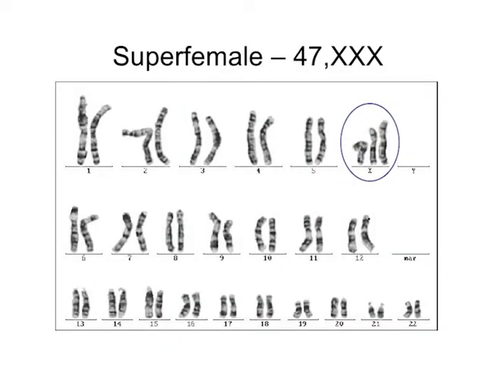Another condition is 47XXX syndrome, also called super female. The abnormal presence of 3 X chromosomes along with a normal set of autosomes leads to 47 chromosomes, XXX, and results in female differentiation. The highly variable syndrome that accompanies this genotype, often called triplo X, occurs in about 1 of 1000 female births.